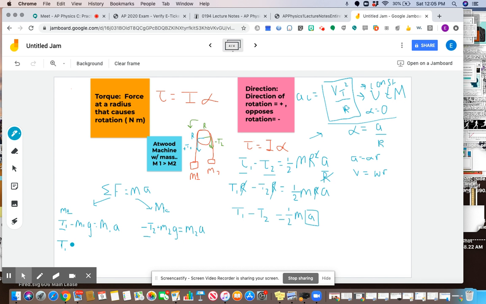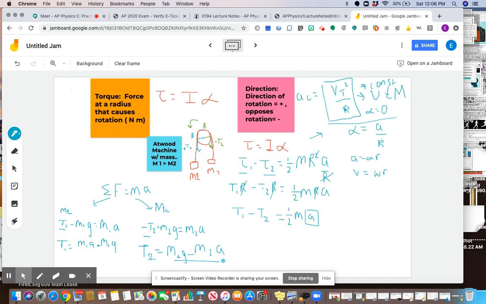So we solve T1 over here. When we solve for T2, we get M2G minus M2A. We add T2 to the other side, subtract M2A over.